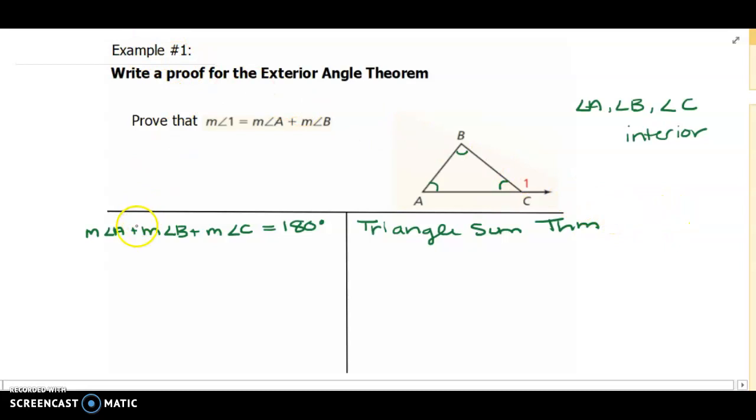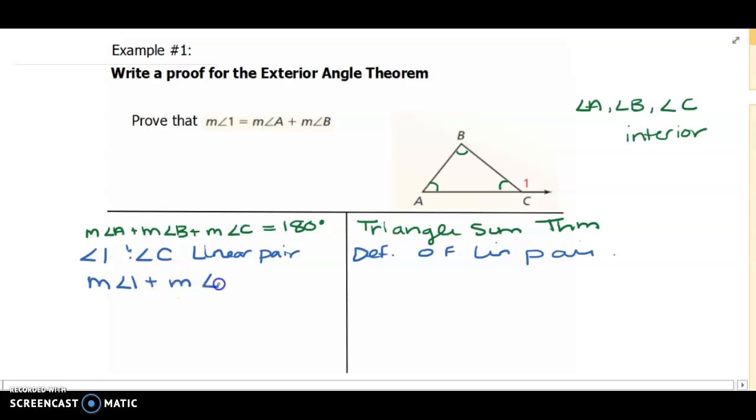Now I also know that angle 1 and angle C are a linear pair, and that's just by definition of linear pair. Well, if they're a linear pair, that means that they're supplementary, right? That's the linear pair postulate.